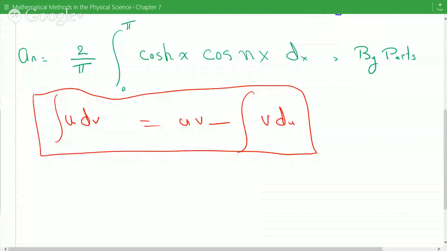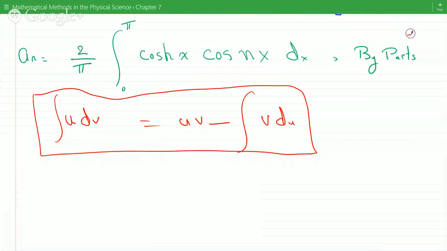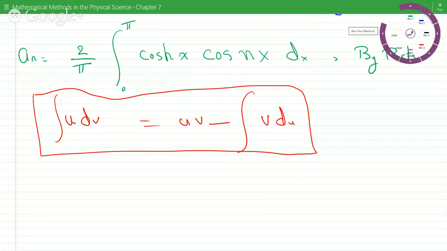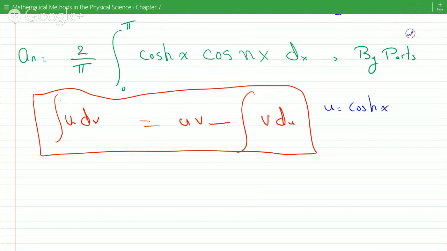So you could call cosine hyperbolic your u. So then the derivative of that. So u is cosine hyperbolic x, which would make your du sine hyperbolic.